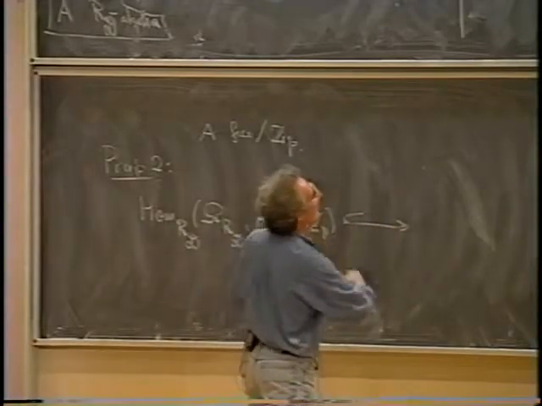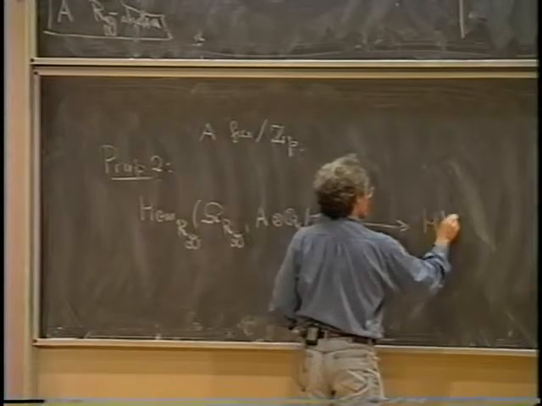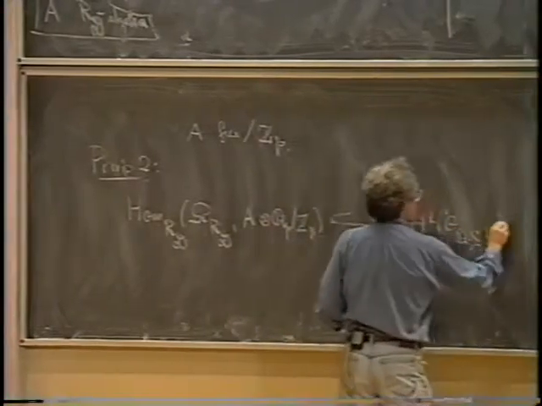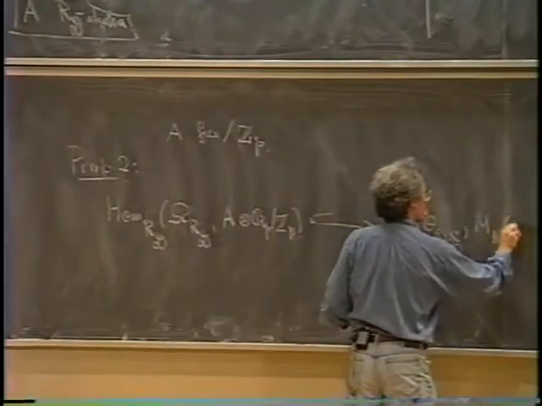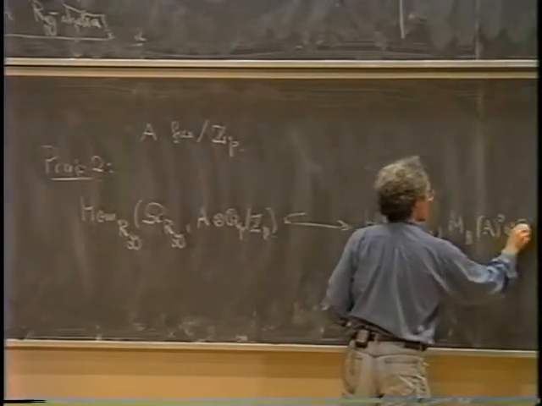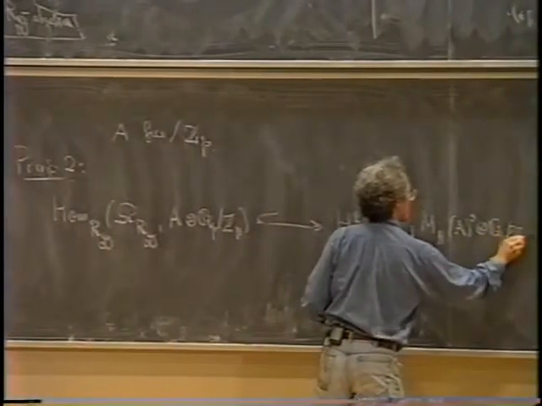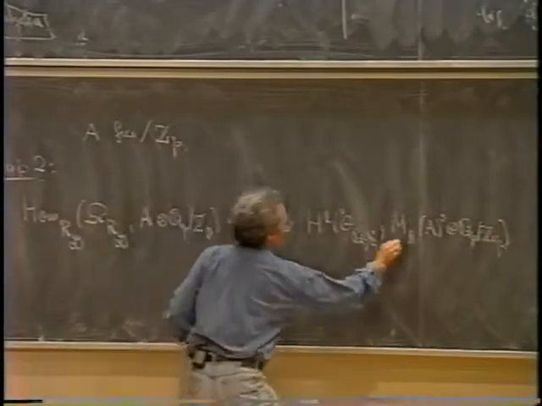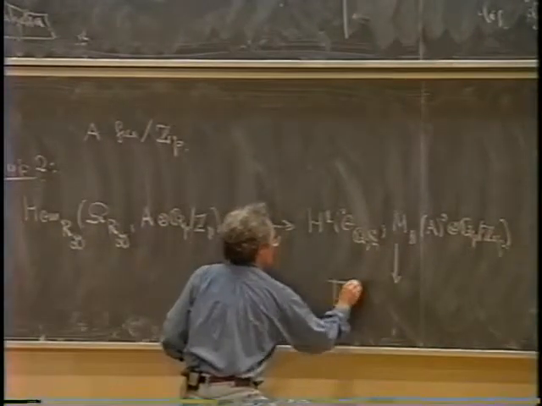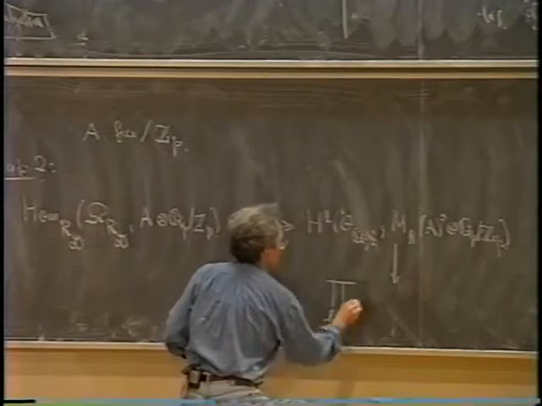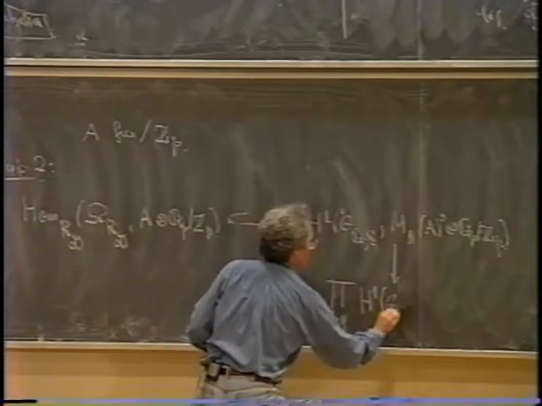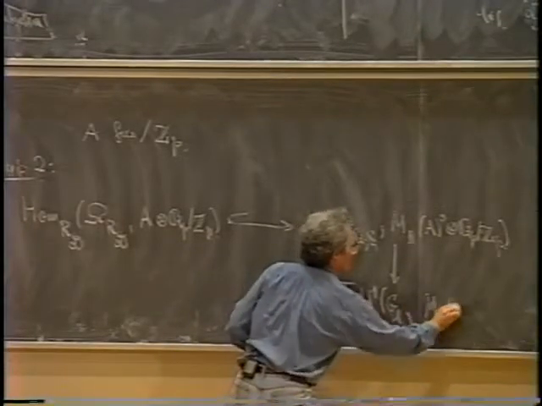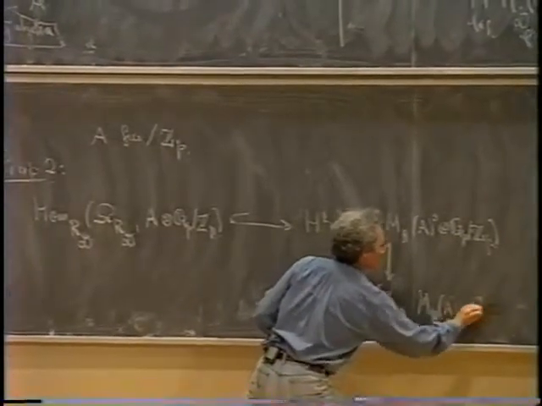It's contained in H^1 of G_{Q,S}, M_n of A_0 tensor Q_p/Z_p. Goes to the product over L in S of H^1 of G_L, M_n of A tensor Q_p/Z_p.